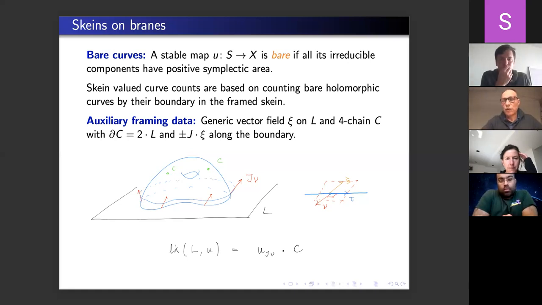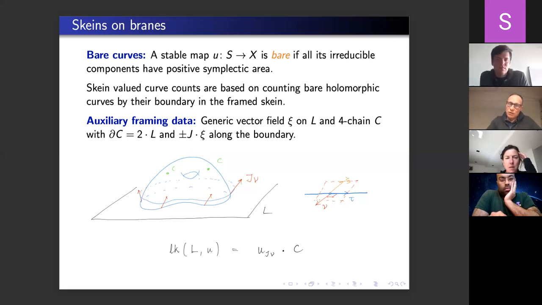In a local model, for example, if our Lagrangian is R3, the first three coordinates x1, x2, x3 in C3, and the vector field is the x1 coordinate, then this four-chain would grow out in the y1 direction and negative y1 direction. For example in T star S3, you can very concretely take the graph of the vector field going out in positive and negative directions. For the conormals, it's not so hard to see that these things exist.